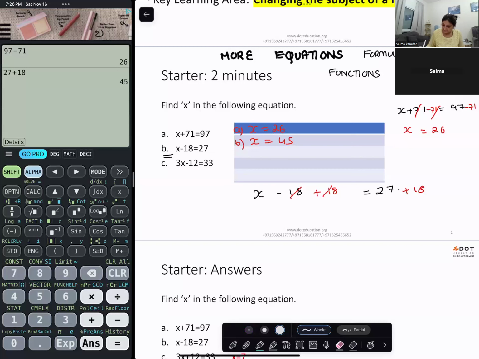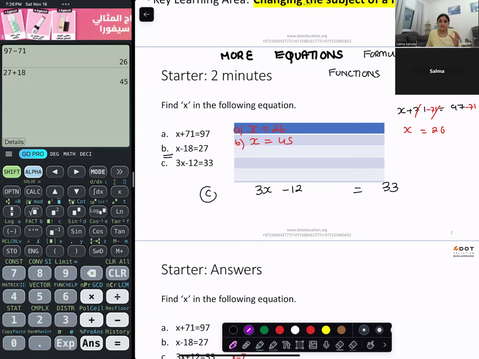Let's take the C one. I have 3x minus 12 equal to 33. It is always suggested that you pause the video, try to do things yourself. If you do not get it, you come back. So what I will do is I will plus 12 on both the sides.